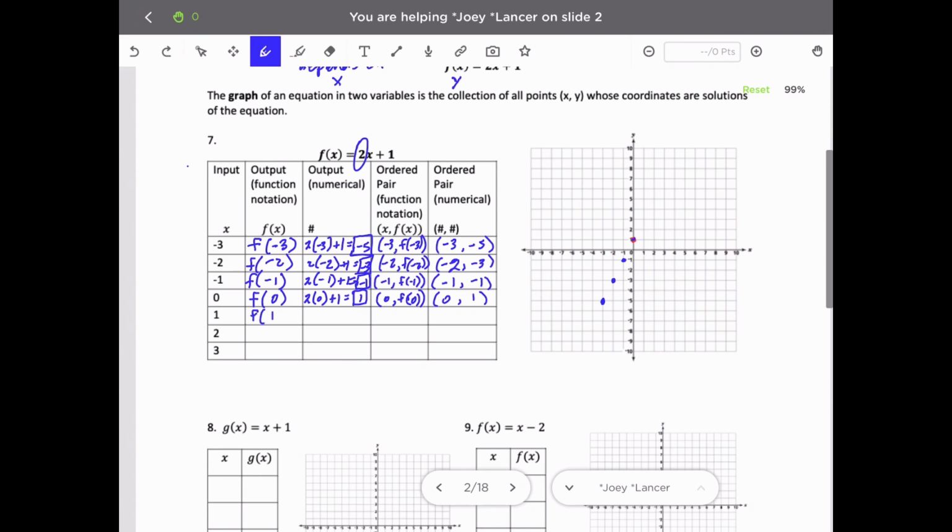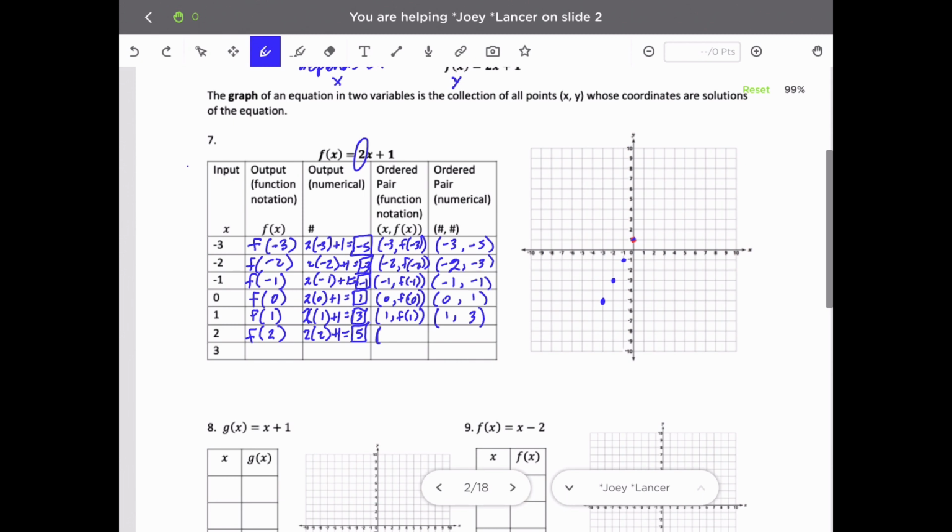F of 1 is 2 times 1 plus 1, which is 3. In function notation, the ordered pair is 1 comma f of 1. What is the function after you put 1 inside? What's the result, the output? You put in 1, and you get 3. And if you have the function with 2, 2 times 2 plus 1 equals 5.